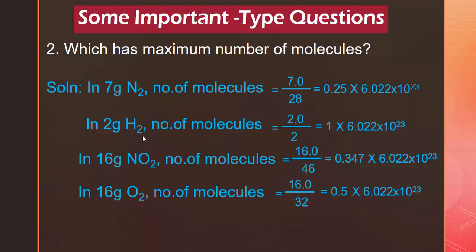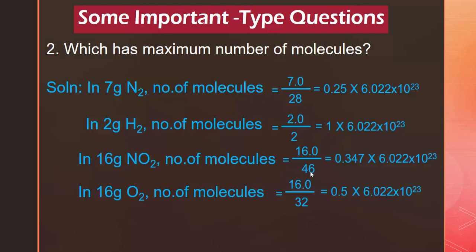Next is 2 grams of hydrogen. Therefore, the number of moles will be 2.0 divided by 2, that is its molecular mass. So the value will be 1 into Avogadro number. Then for 16 grams of nitrogen dioxide, the molecular mass of nitrogen dioxide is 46 and the given mass is 16.